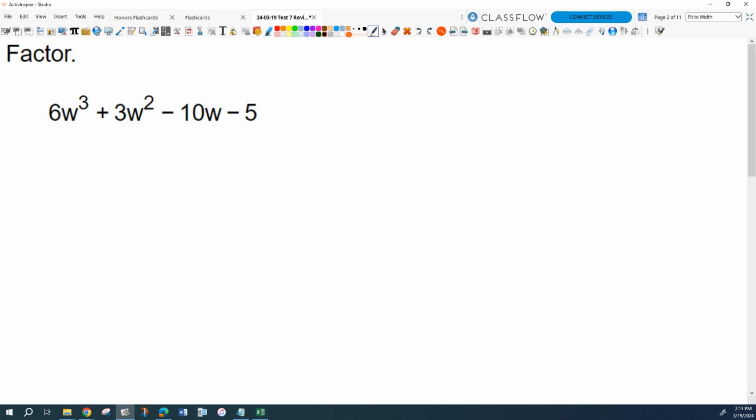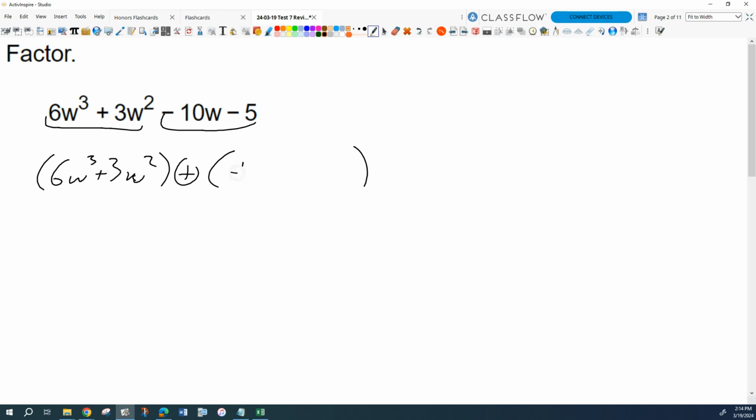So here's what I think you should do when you're going through this process. Write out a template first. This helps a lot in math. If you know what it's going to look like, you can kind of predict it, we'll fill that part out and then put in the specifics. So all we're doing is taking the first 2 terms, go into group 1, just exactly as they're written. So 6w cubed plus 3w squared, and then we get a negative 10w minus 5.